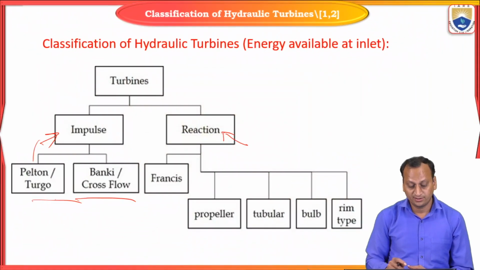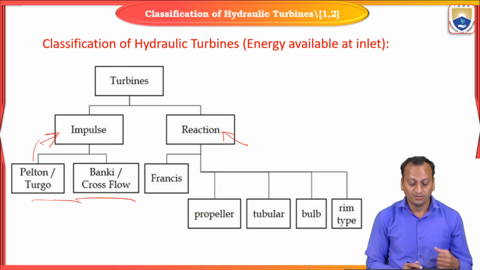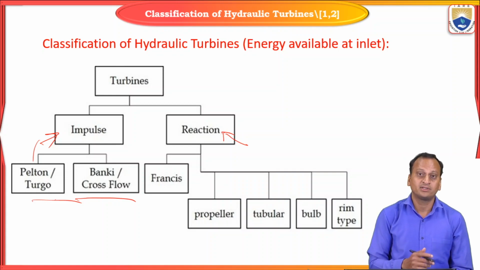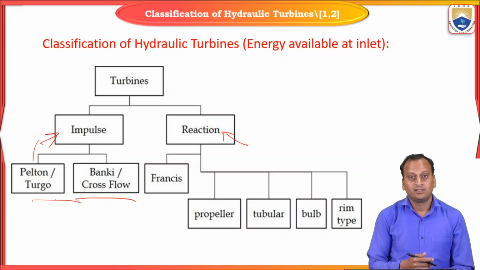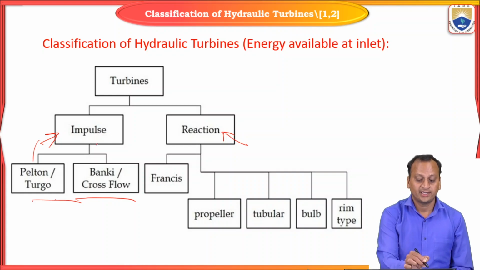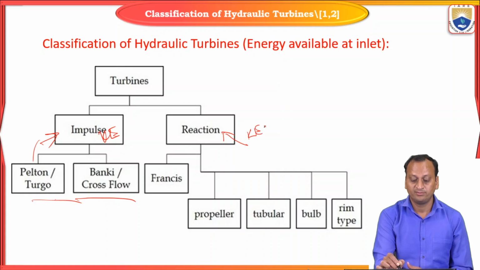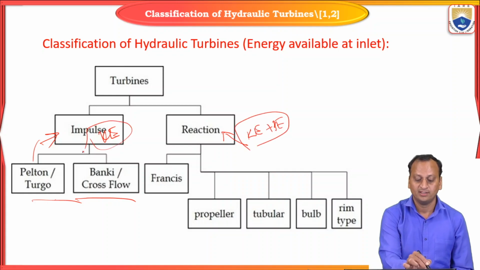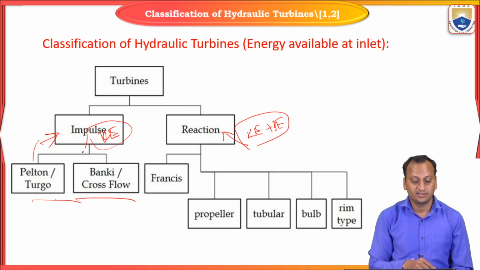In the case of the impulse turbine, the total available energy of the water will be converted only into kinetic energy. But in the case of the reaction turbine, there will be kinetic energy and pressure energy. Both kinds of energies are available. That is another difference between impulse and reaction turbine.